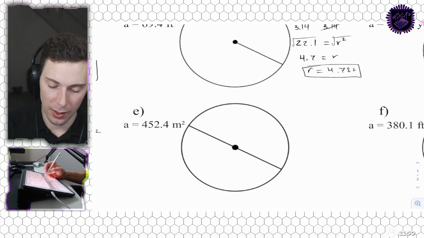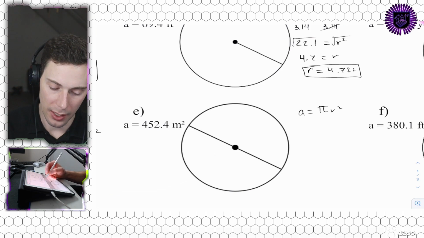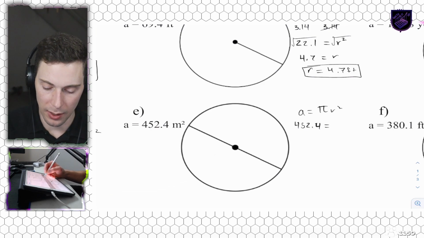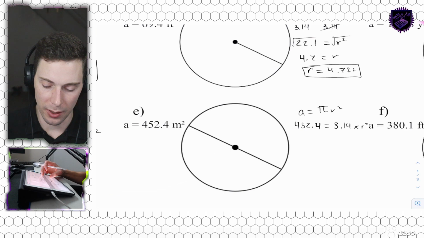All right. Area is equal to pi times radius squared. Area is 452.4, equals 3.14 times radius squared. Running out of space over here.